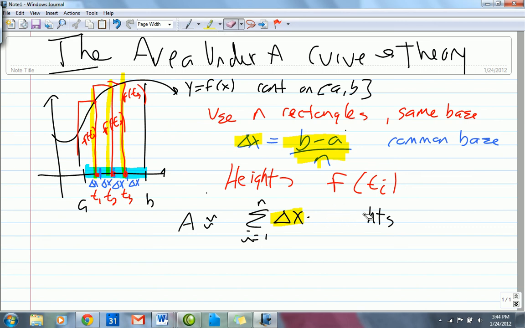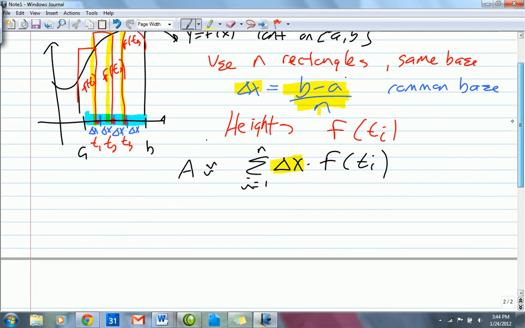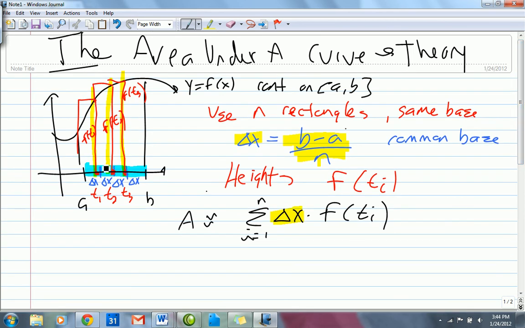To formalize the heights, we're just going to take f of t sub i. The tags are x values along the x-axis. Those tags get plugged into the function and determine the heights. So here is a nice approximate area under the curve.